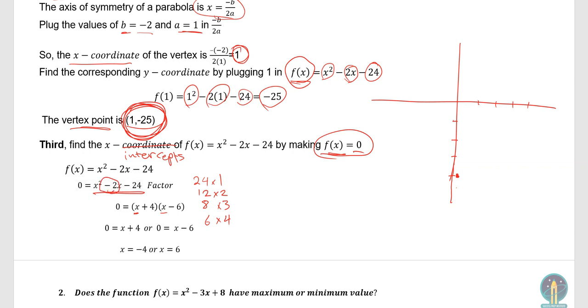So 24 and 1 don't work, 12 and 2 don't work, 8 and 3 don't work, 6 and 4 do work. There is a way to add or subtract 6 and 4 to get minus 2.